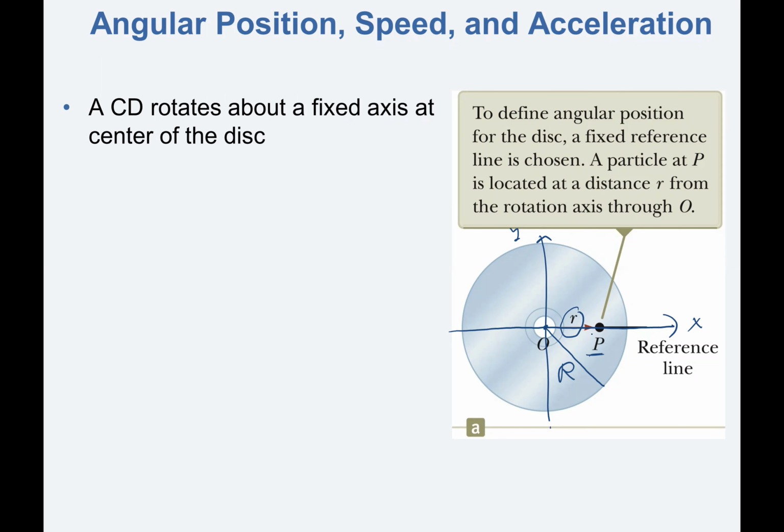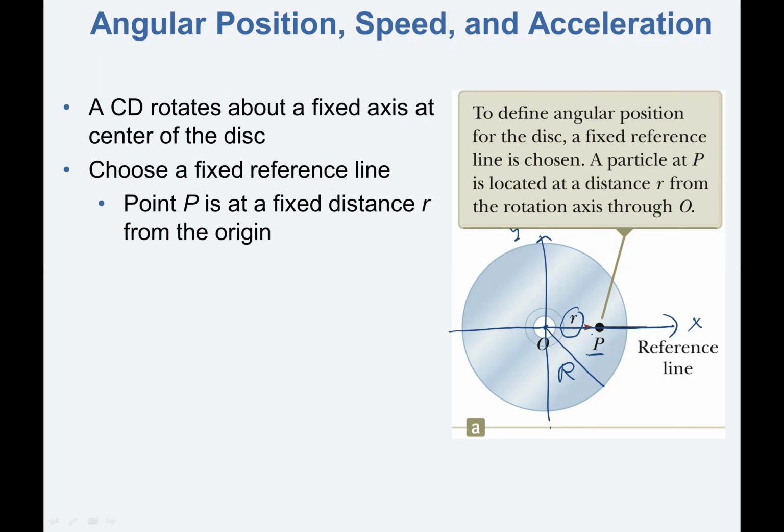Now, one of the things that I can have here is this, right? So again, we choose a fixed reference line, and point P is at the fixed distance r from the origin, okay? Now, if I start rotating this, that means the disk starts rotating, I am restricted to two types of rotation.